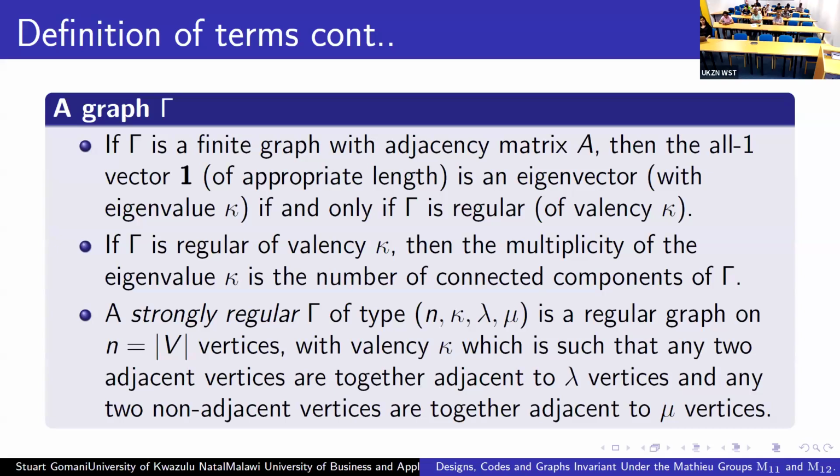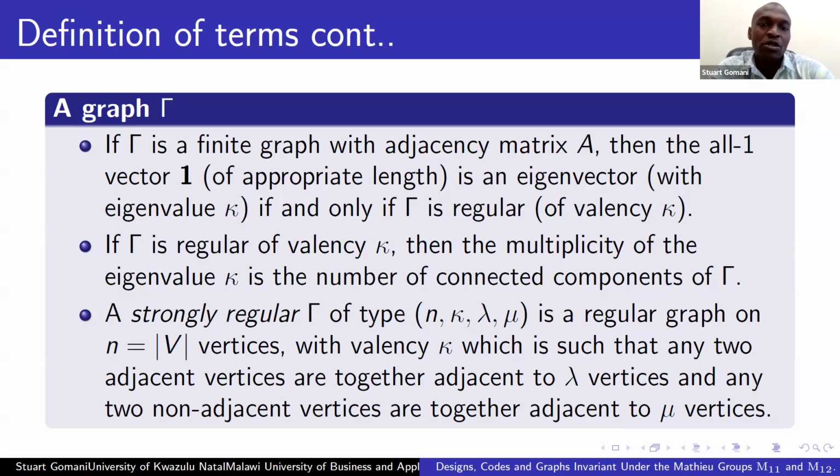A graph that is called strongly regular of type (n, kappa, lambda, mu) is a regular graph on n vertices with valence kappa, such that adjacent vertices are together adjacent to lambda vertices, and any two non-adjacent vertices are together adjacent to mu vertices.